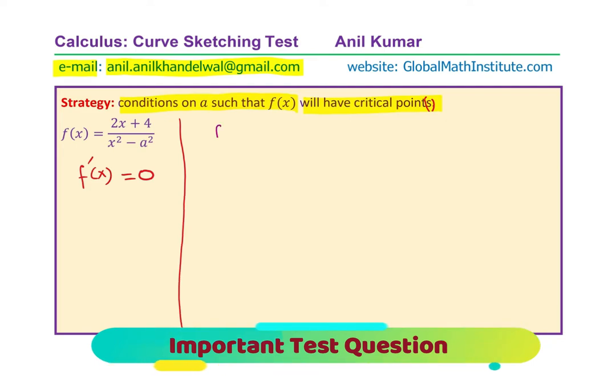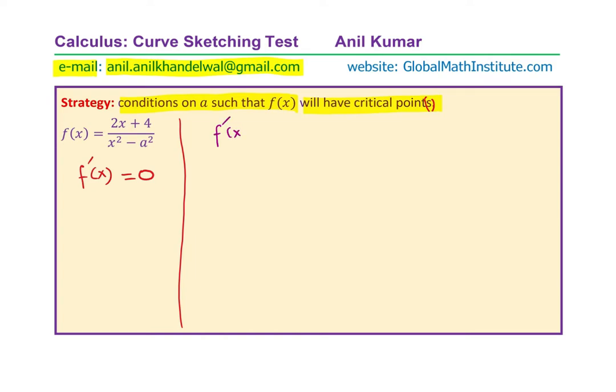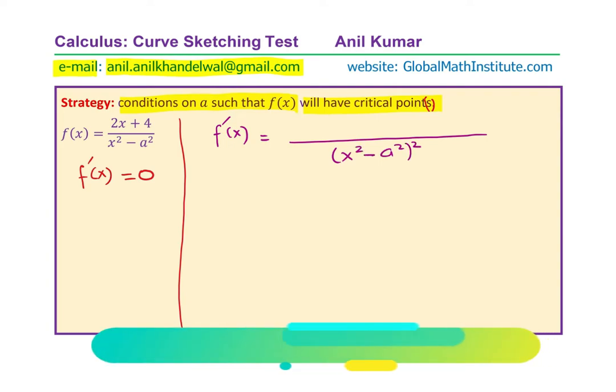So what is the derivative of this function? Well, definitely we'll apply the quotient rule. And so we get the denominator square, which is (x square minus a square) whole square. Derivative of 2x plus 4 is 2.